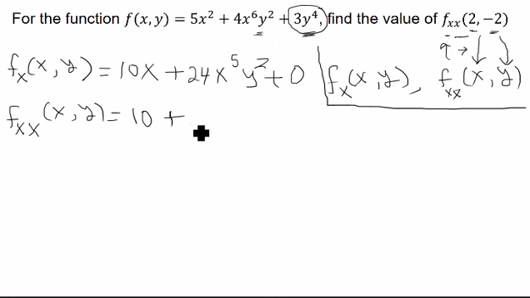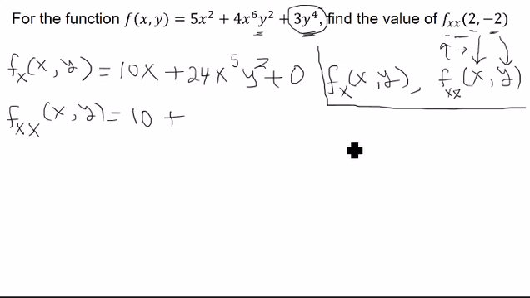Plus, the second term is a mixture of x and y, and the y variable is not going to change. It's going to act as a coefficient. So we have 24x to the 5 y squared. I should have mentioned it earlier, but anyway, let me do this now.